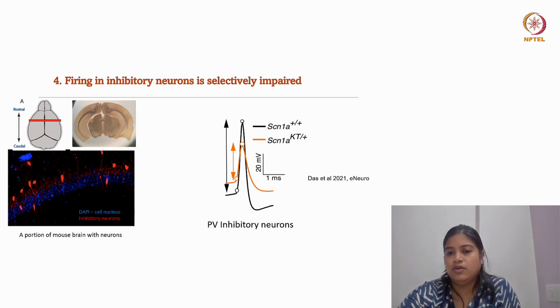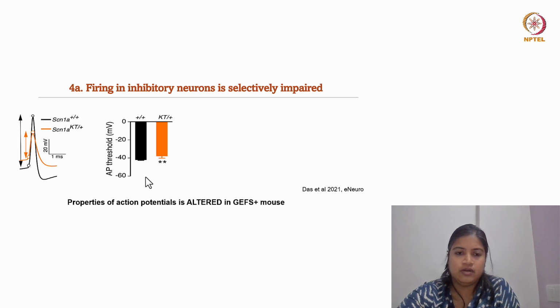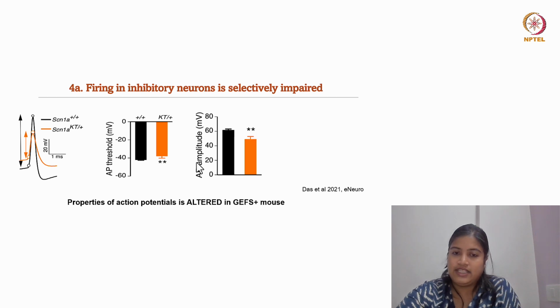We wanted to explore this further, so we looked at different parameters in the inhibitory neurons. So we had already seen that the amplitude was low, so we also measured the action potential threshold, and we found that there were differences there. We also looked at the amplitude, and we had already seen from the traces that the amplitude was reduced.